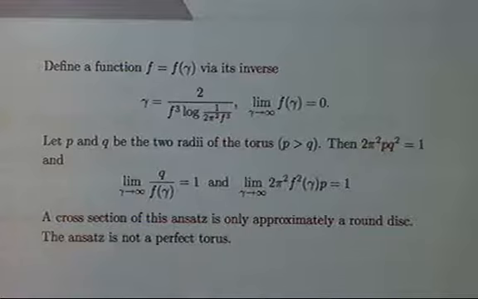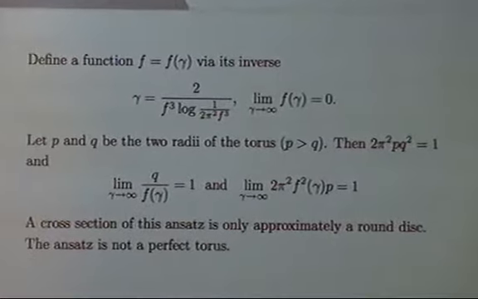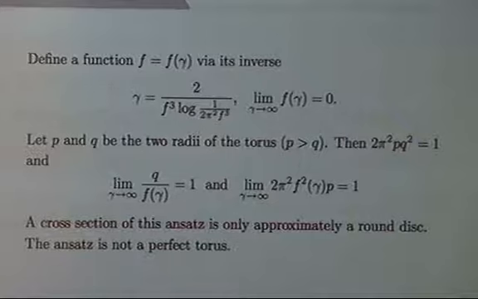And this f tends to 0 as gamma tends to infinity. Then let p and q be the 2 radii of the torus of this solution, where p is the bigger radius, q is the smaller radius. Then the volume is equal to 1. And we know that q is like f of gamma. Asymptotically, we know what q is. And p is like 1 over f squared. So q is like f, a small cross section, and p is 1 over f squared, a larger radius. So that's the shape of our solution.